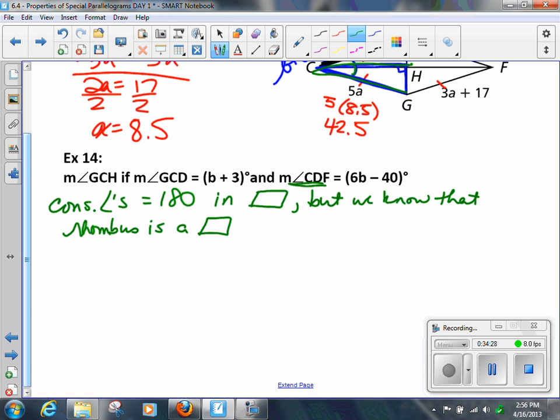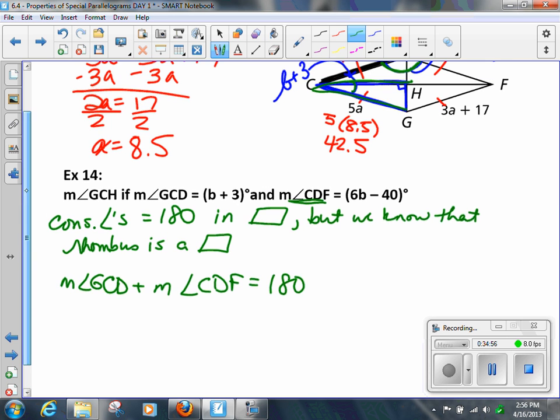So if I take the measure of angle GCD plus the measure of angle CDF and set them equal to 180, that will allow me to find GCH. Do you understand why? Look back at the big picture, okay?